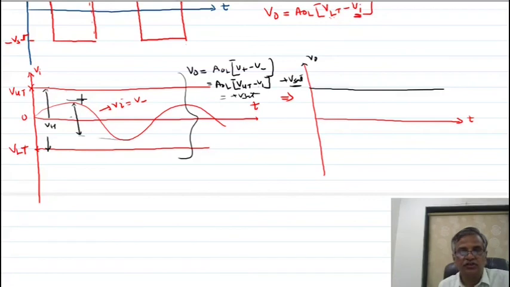So there is no change in state. If it is initially in plus V sat, it will never come to minus V sat. It remains in the same state.